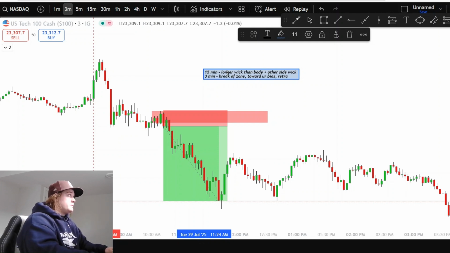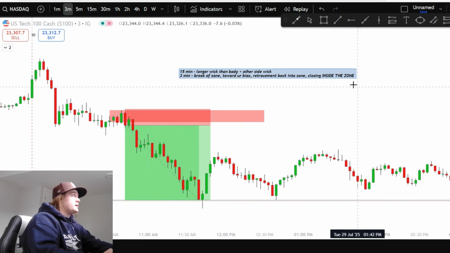Then retracement back into zone, closing inside the zone was our green candle right here.